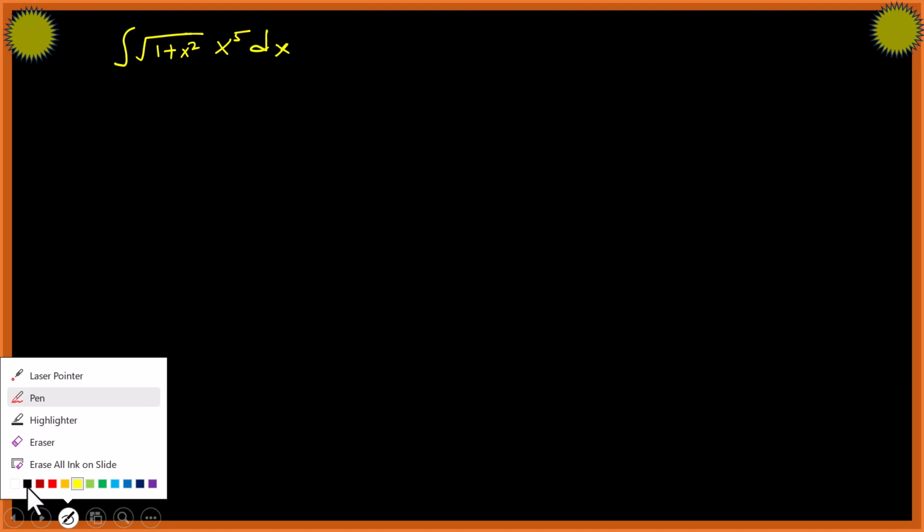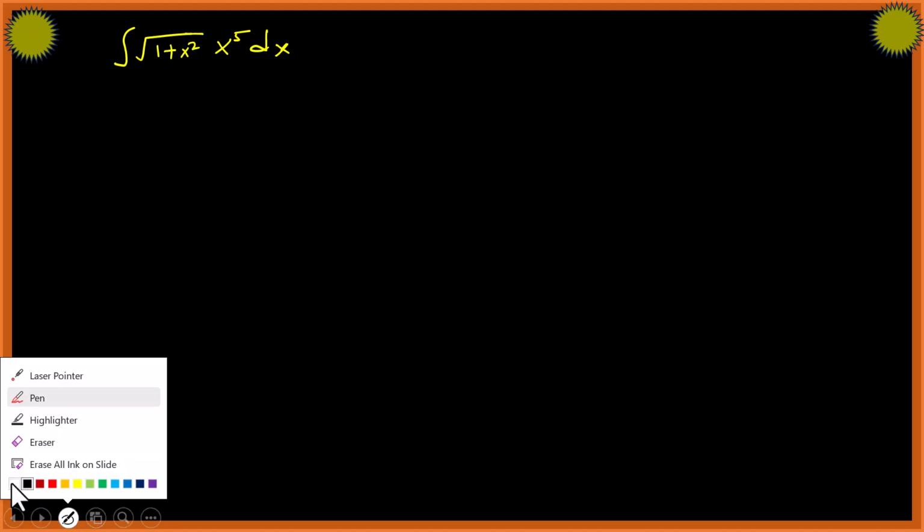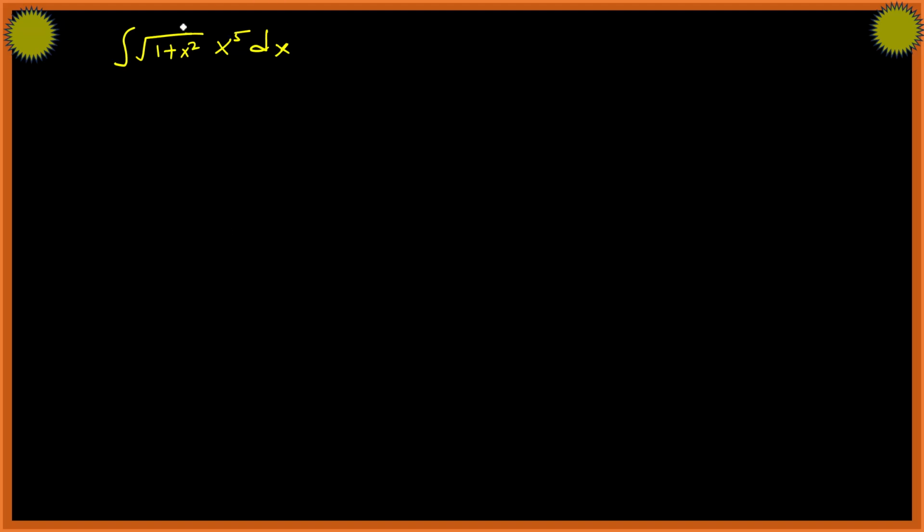All right, now let's observe the 1 plus x squared here, and then the x to the power 5 here. Now we need to do our substitution, so we need to choose our u here.